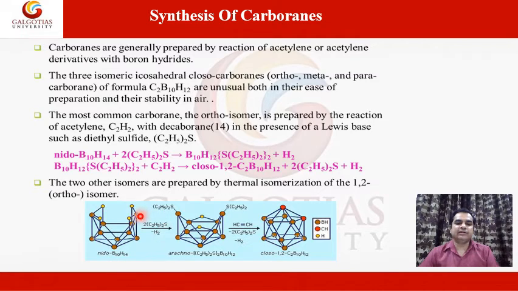When it reacts with the diethyl sulfide molecule, a hydrogen molecule is removed. After that, it is converted into an arachno type cluster, and on further treatment with acetylene molecules, we get one of the common carboranes, that is closo 1,2-C2B10H12, the ortho isomer of carborane, which is one of the most common carboranes known in the literature.